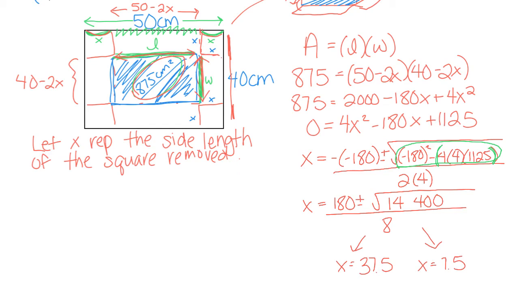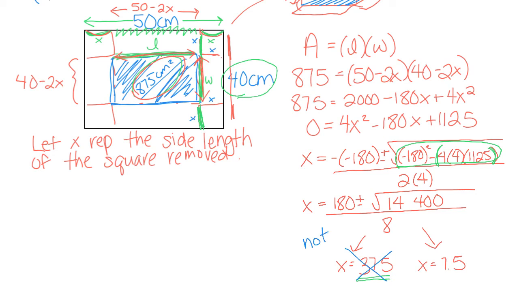Okay, so let's take a look at our question here for a minute and see which one of these answers is valid. So if I make x 37.5, going back to our diagram, if this is 37.5 and this is 37.5, we have a number way bigger than 40. So this number here is not valid, okay?